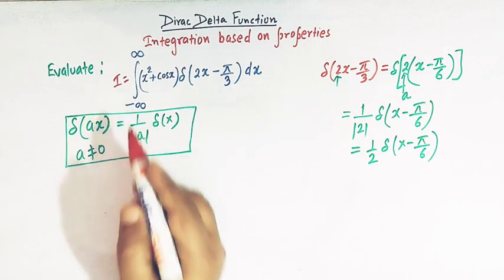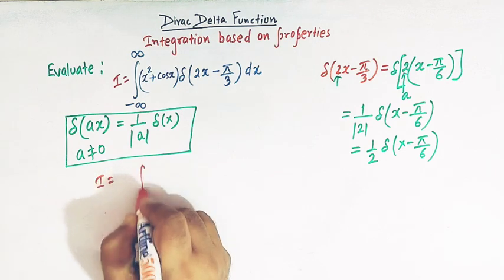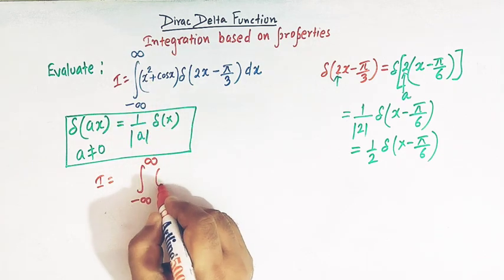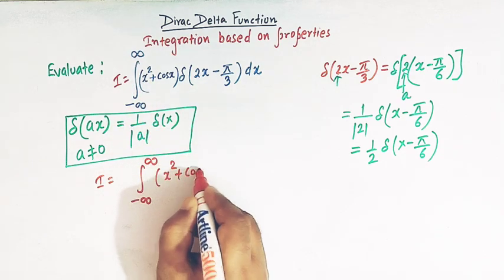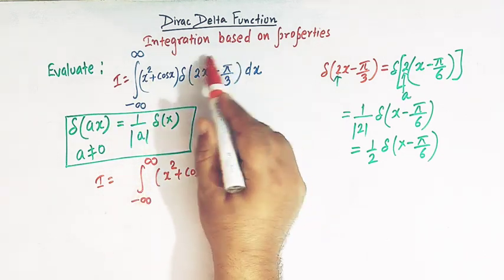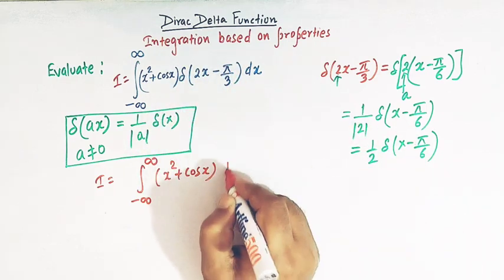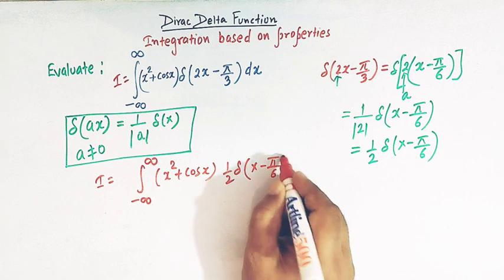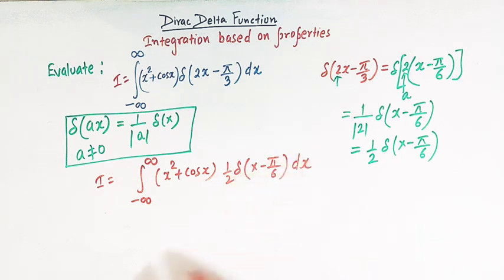Now we can write this integral I as the integral from minus infinity to infinity of (x squared plus cos x) times half delta of (x minus pi by 6) dx.